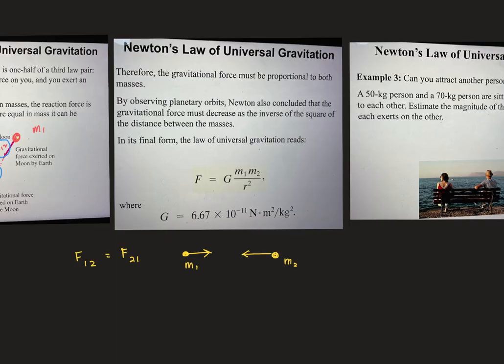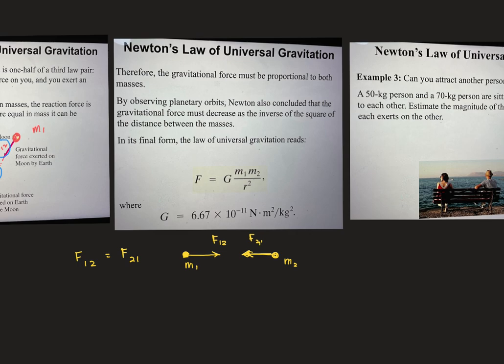Other than that, I should draw the arrows of the same length because they represent equal forces. Let me try to redraw it. Yeah, about the same size, right? So here you have F12, and there I called it F21.